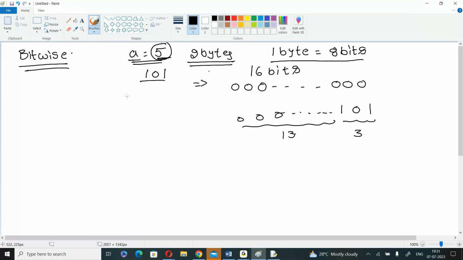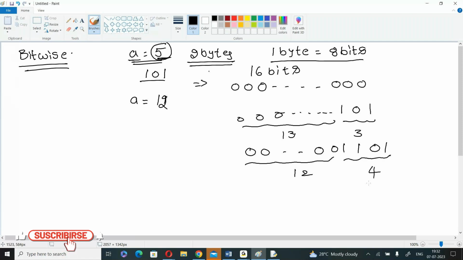For example, assume your number is 11 or 12. What is the binary representation? 1101, and the remaining 0s, so a total of 12 zeros and this 4. Generally, we know that in a decimal number, placing 0s on the left side has no use.